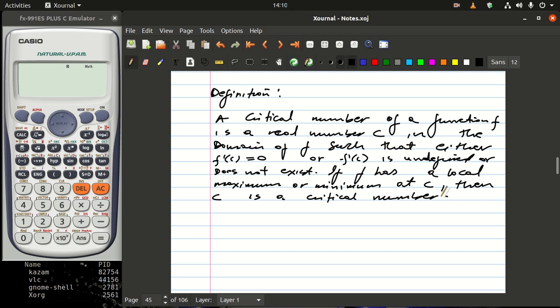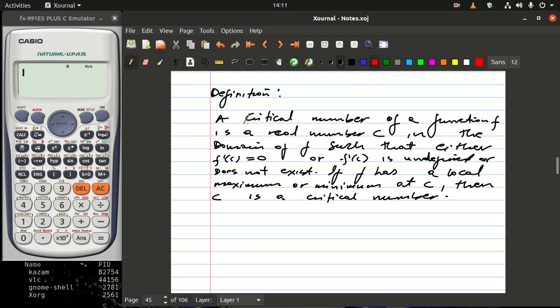That's what is important here. So basically, if you're looking for a critical number of a function f, you just take the first derivative, set it equal to 0, and solve for x. All the x values that make the first derivative equal to 0 or undefined, those are the values that we call the critical numbers.